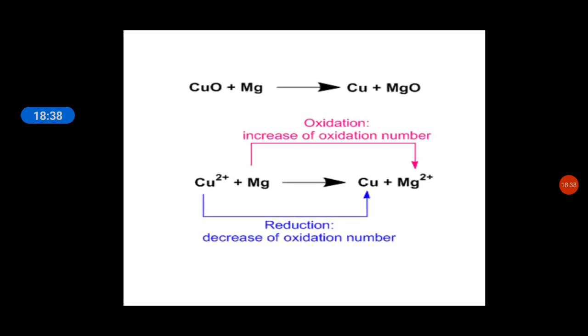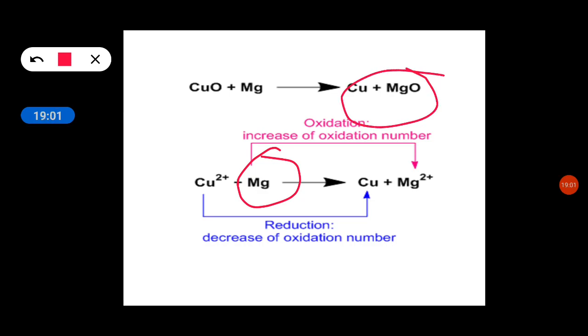Now when you see here, copper oxide plus Mg, magnesium, gives rise to Cu plus MgO. Here the oxygen is removed from copper. Oxidation is an increase of oxidation number, and in magnesium you are finding 2 plus.